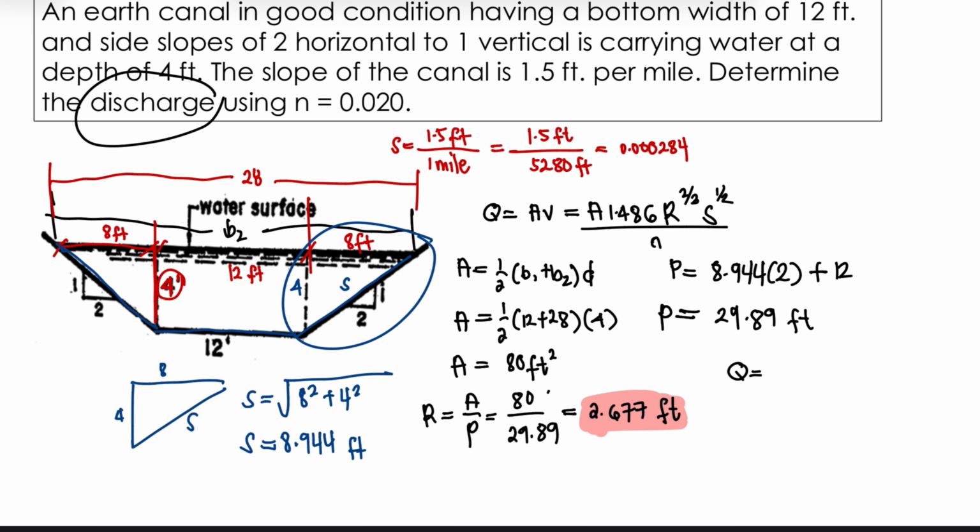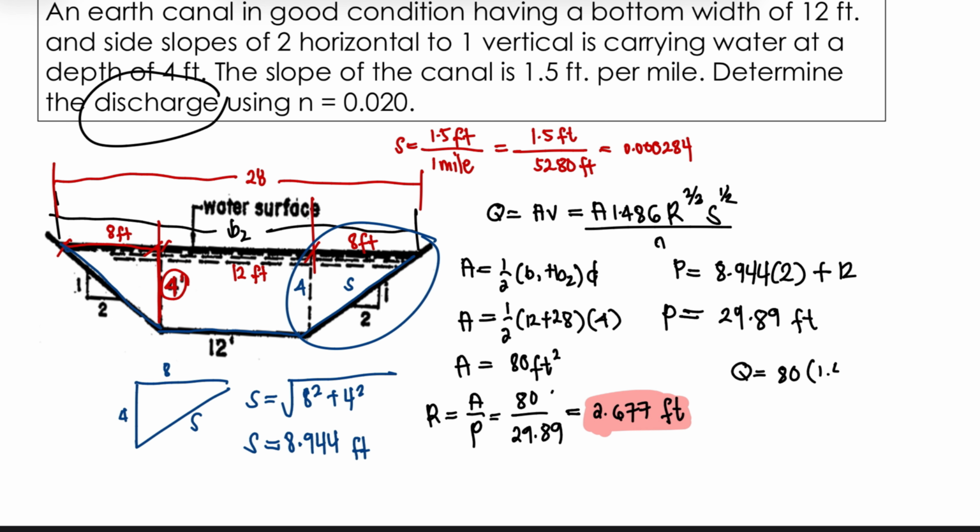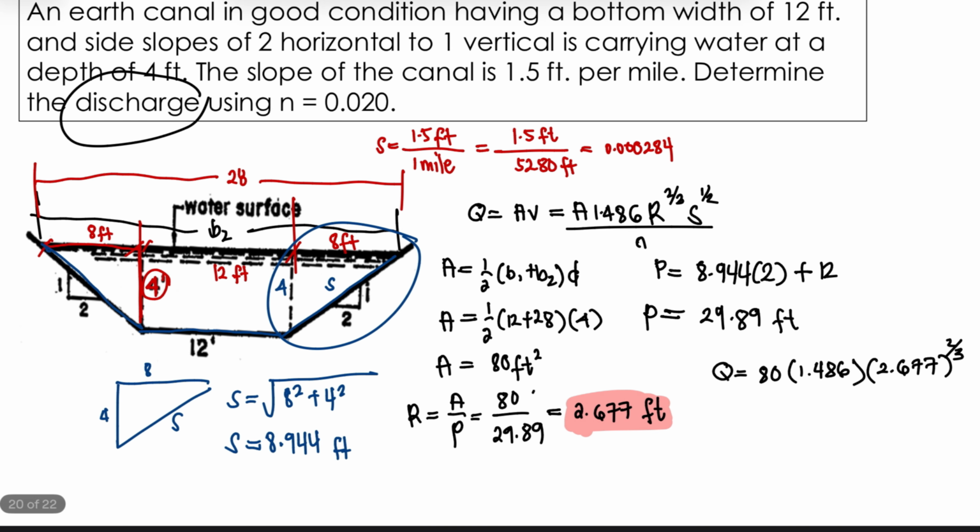Okay, so, ilalagay lang po natin siya dito sa ating formula, which is A times V. So, yung A natin is 80 feet. And then, 1.486. And then, we have the R, 2.677 to the 2/3.